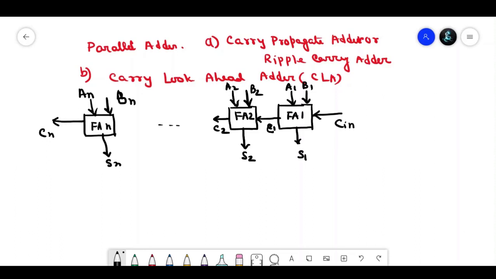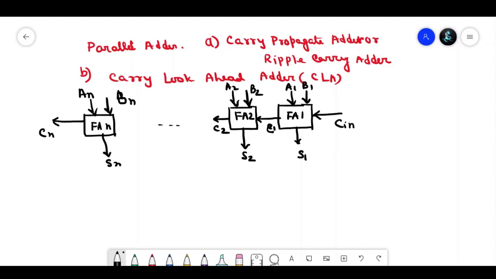So, an n-bit carry propagate adder or ripple carry adder, if we draw, the circuit will be like this. The block diagram will be like this. The addition time is decided by the delay introduced by the carry. So in the worst case, the carry from the first full adder stage has to propagate through all the full adder stages.